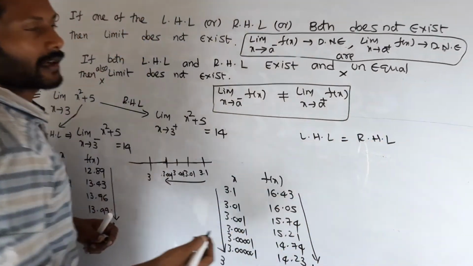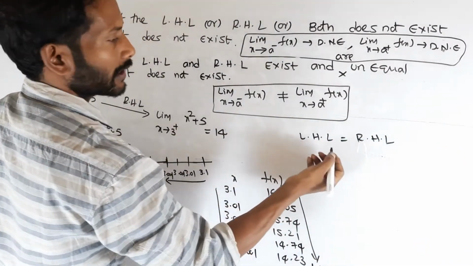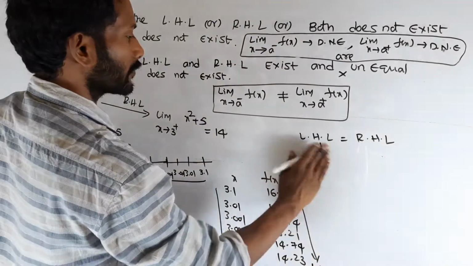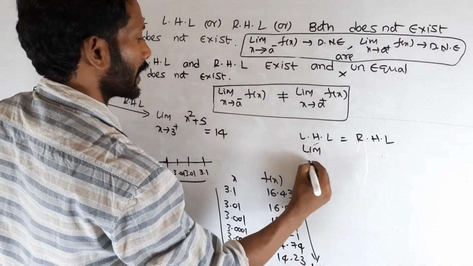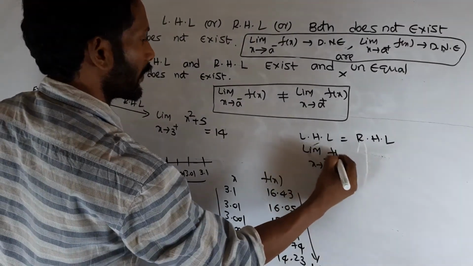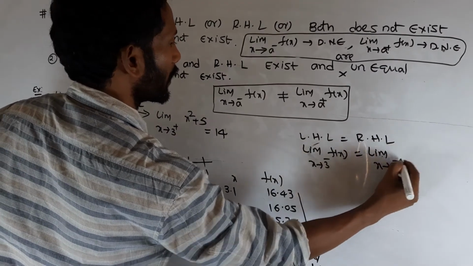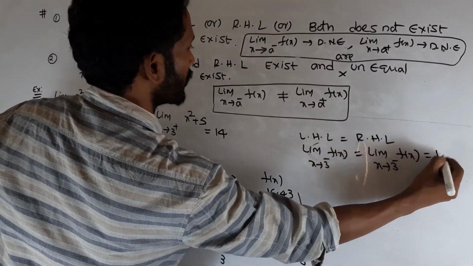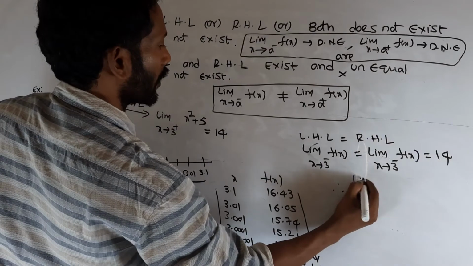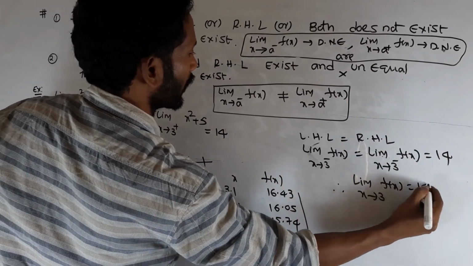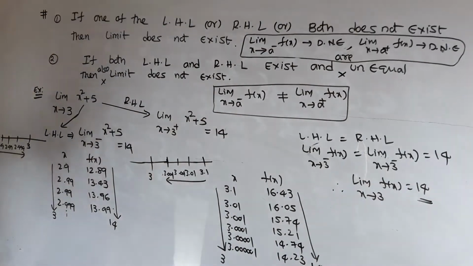Both exist and both are equal, then the limit exists. So limit as x tends to 3 minus of f of x equals limit as x tends to 3 plus of f of x, equal to 14. Therefore limit as x tends to 3 of f of x is 14. I hope this is clear.